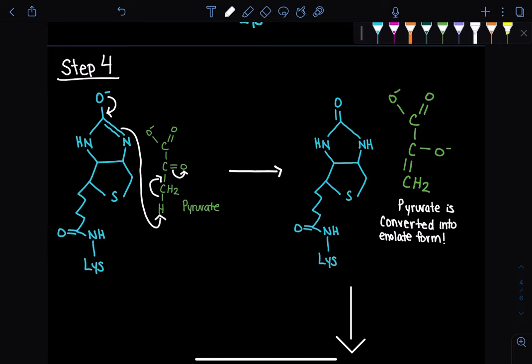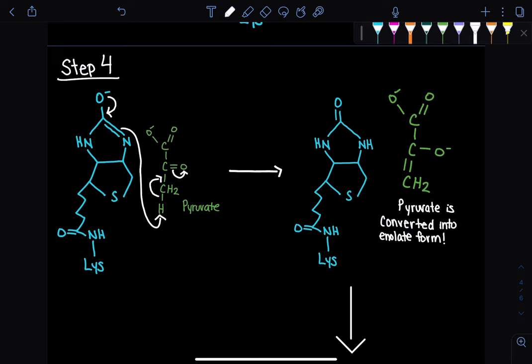So remember, biotin over here has this lone pair and has this oxygen with a negative charge, and we want to stabilize biotin. So what we're going to do is drop down the electrons over here, and as we drop down the electrons and oxygen forms that double bond with carbon, we are going to see that carbon over here is going to break one of its bonds.